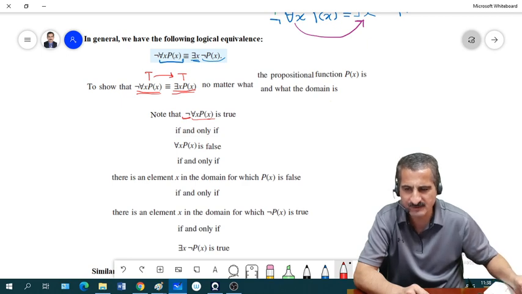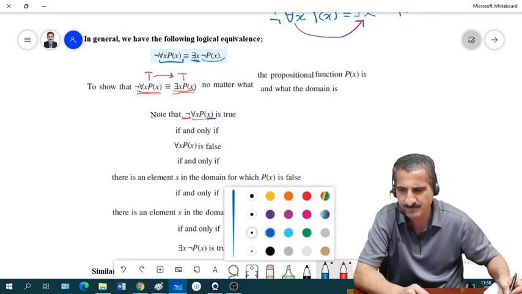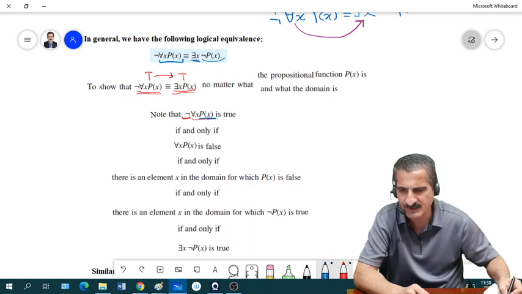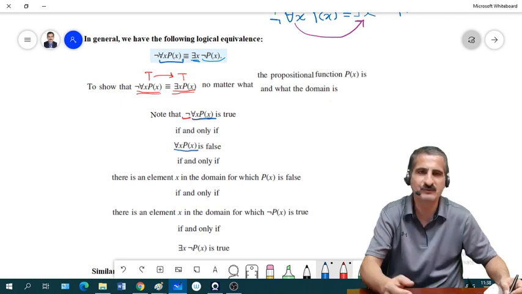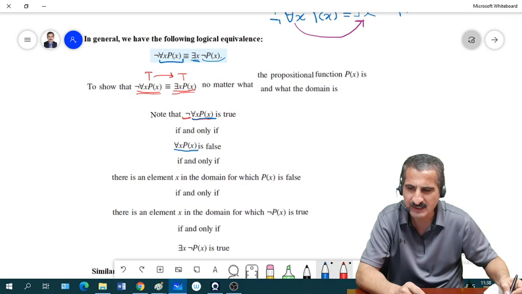That means what we are negating here, which is this part, must be false because we are assuming its negation is true. So this part is false.